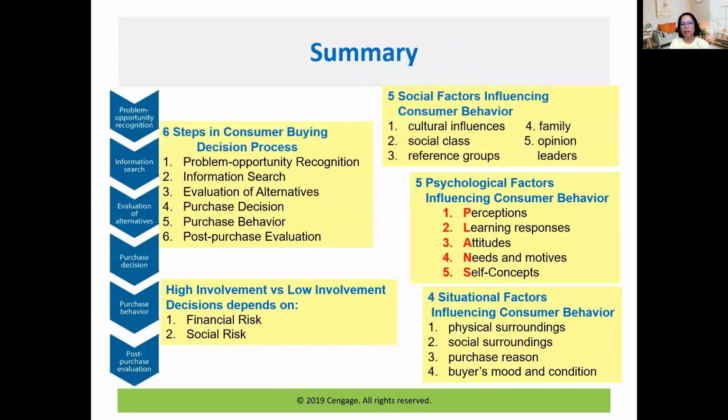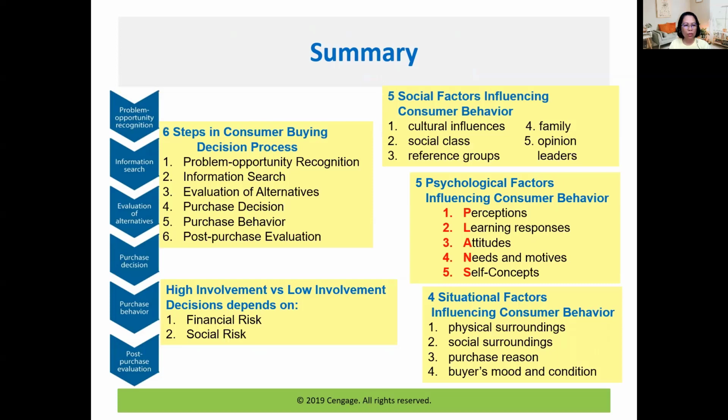So, in summary, we have talked about the 6 steps in the consumer buying decision process, namely problem or opportunity recognition, information search, evaluation of alternatives, purchase decision, purchase behavior, and post-purchase evaluation.